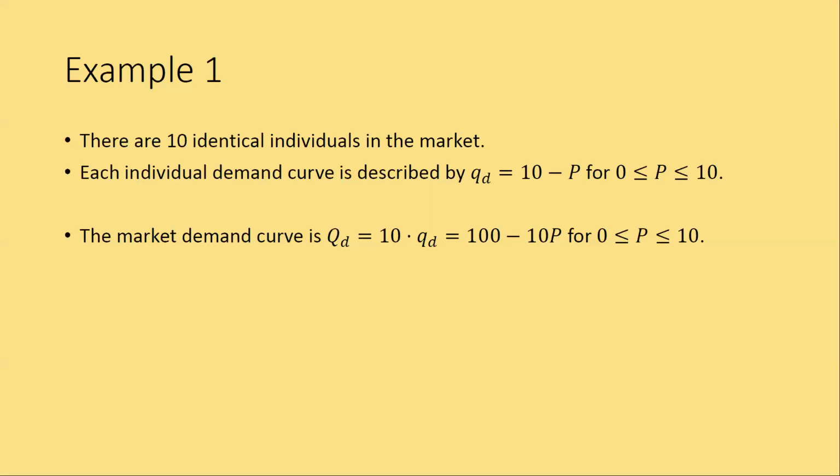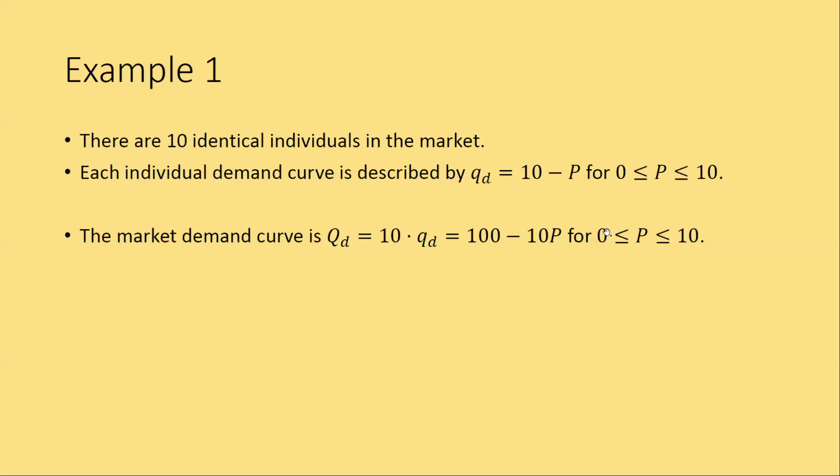And here, the range does not change. Similarly, the price cannot be negative. And if the price is larger than $10, every individual will just consume 0 units. The total quantity demanded in the market will also be 0 units.